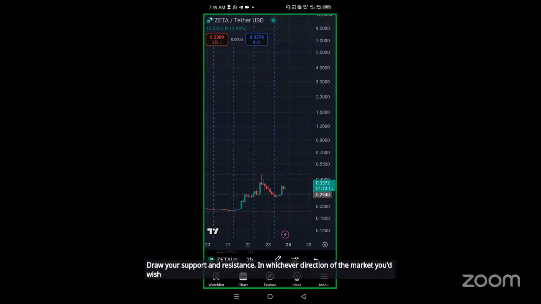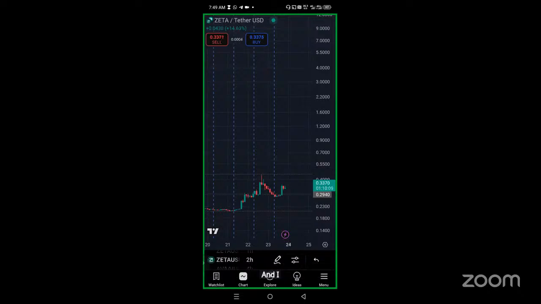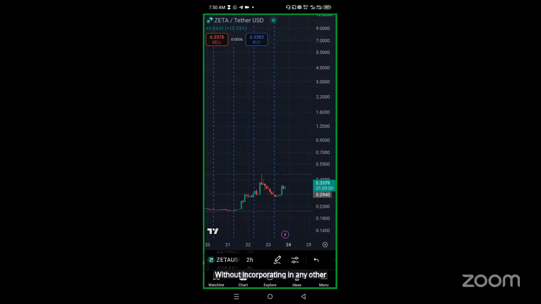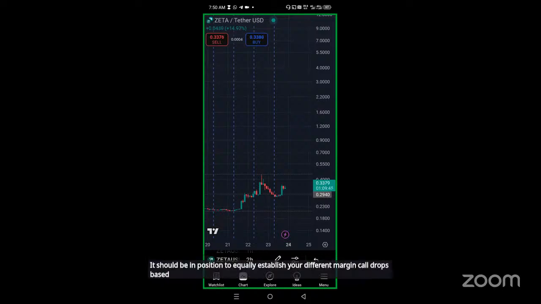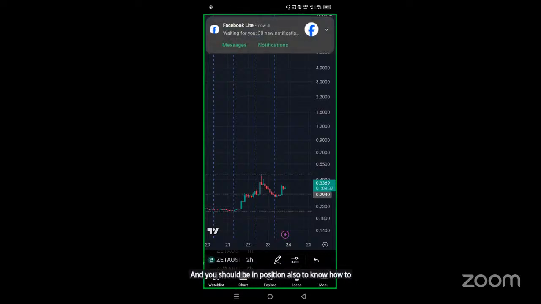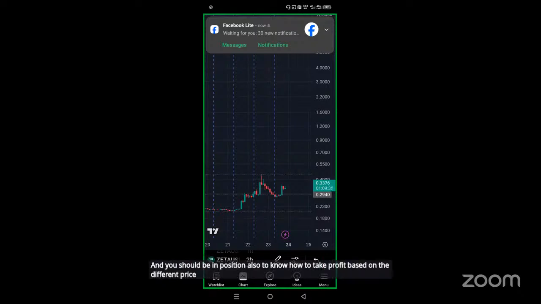I also strongly believe you should be able to identify trade entry opportunities just based on price action without incorporating any other supportive tool. You should be able to establish your different margin call drops based on what you saw on the chart during your analysis, and know how to take profit based on the different price reaction levels on the chart.